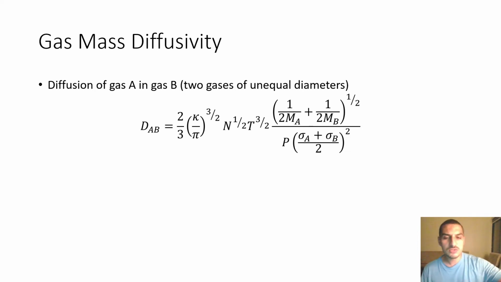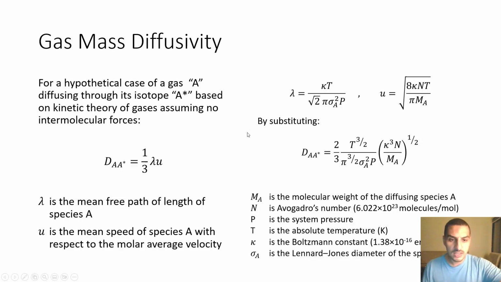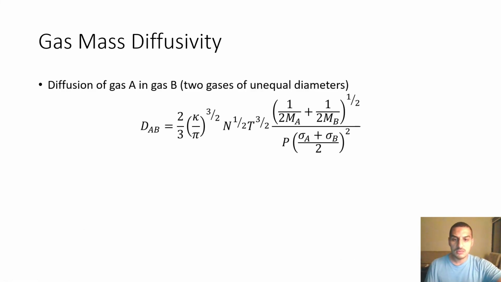It's almost the same, but as you see here, the molecular weight and the sigma terms are different now. It's still directly proportional to T to the power 3 over 2, N to the power half, and K to the power 3 over 2, like we had here, and only this is the difference that we can see.